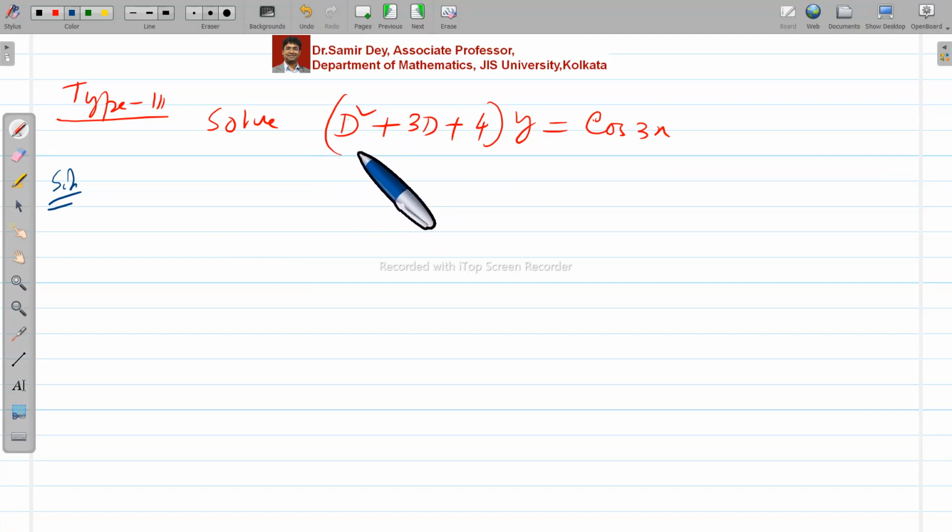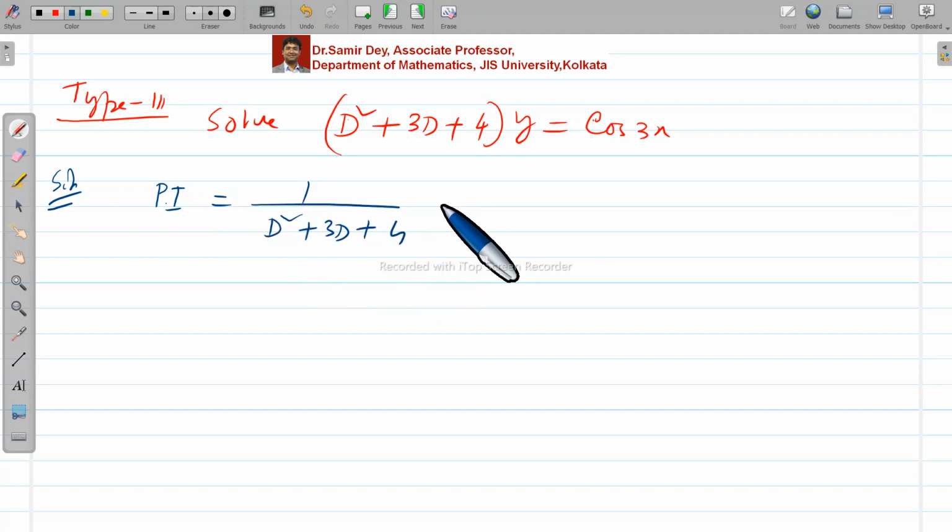One is the CF part, that is the complementary function, and the PI part, that is the particular integral part. The CF part is common as usual. Here the right hand side is different, so that means your PI part will be different. I'm talking about only the PI part. So PI is equals to 1 by d square plus 3d plus 4 of cos 3x.